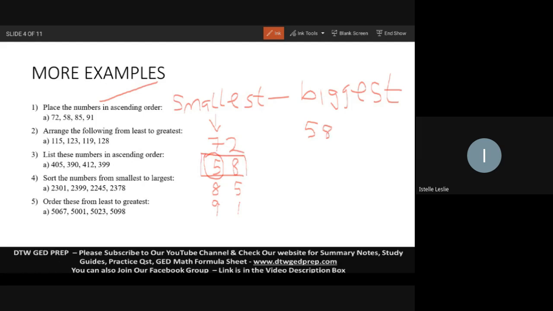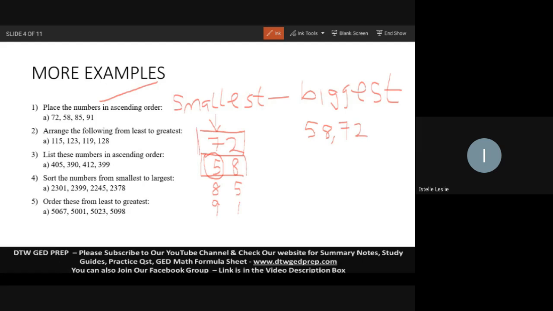The next numbers we have to deal with are 7, 8, and 9. What's the next smallest number after 5? 7. Good. There is no repetition of 7, so we are picking this to become the next number. So we have 72. So that is also out.